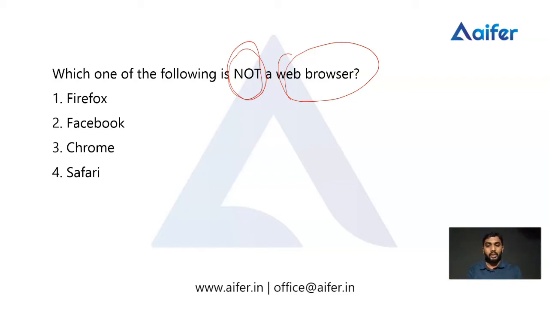So we are given 4 options. First one Firefox, then Facebook, then Chrome, then Safari. Out of these 4 options, one option is not a web browser. The other 3 are web browsers. So we need to select which one is not a web browser.